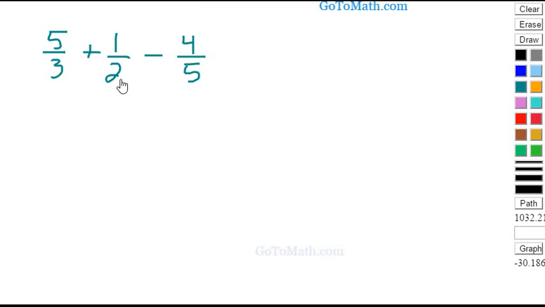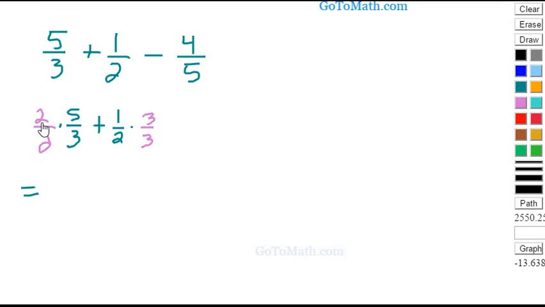5/3 plus 1/2. And so what we're going to need to do here is multiply this side by 2 over 2, okay, and times 5/3 plus 1/2 times, now what do you think we should put over here? Well, because it's a 3 right here, we're going to put 3 over 3, okay?